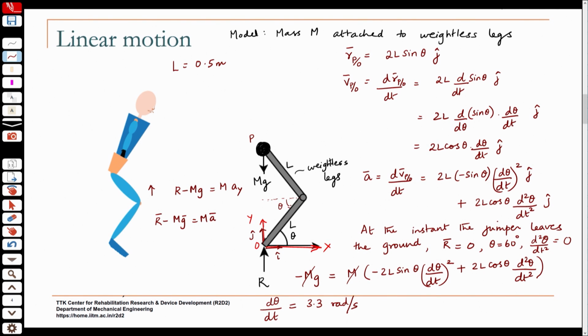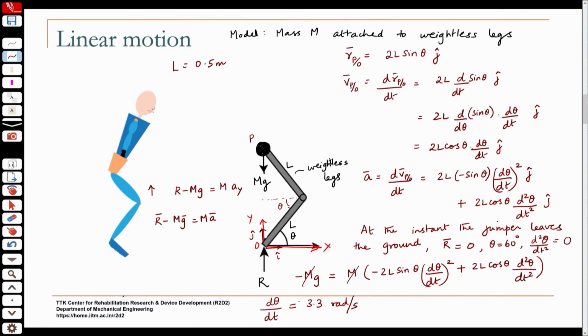The angle between the shank and the thigh should increase at this rate, right. So d theta, the rate of change of this angle, has to be at this rate in order for the body to lift off.